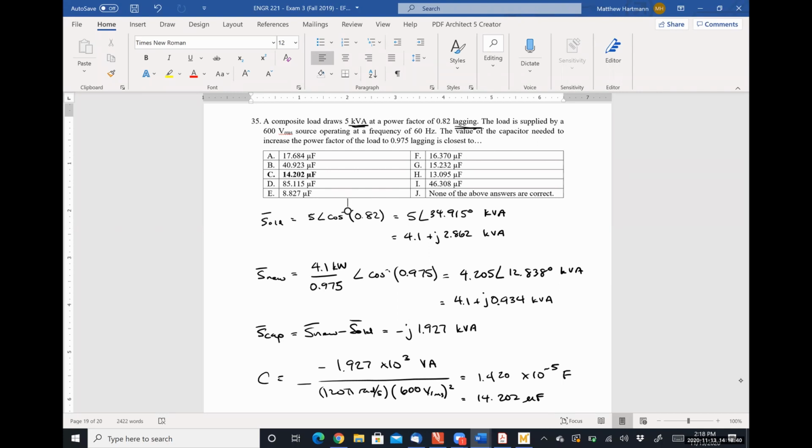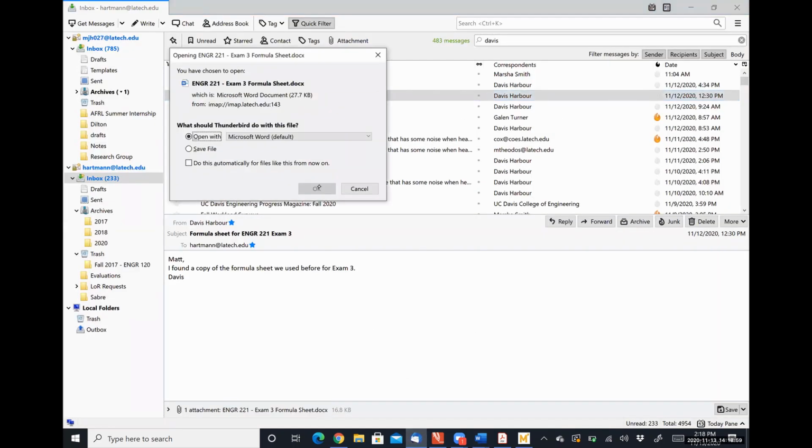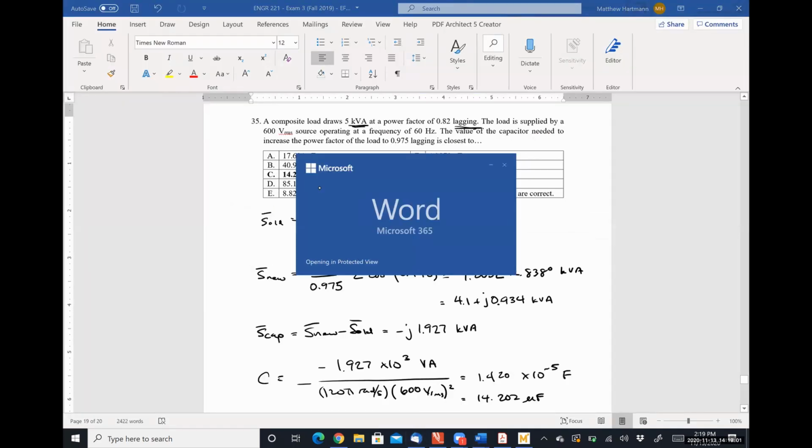Is that relationship with the capacitor in the formula? Will it be on the test? Is that on the sheet? Yes and no, and let me explain that. Let me find that email again real quick.